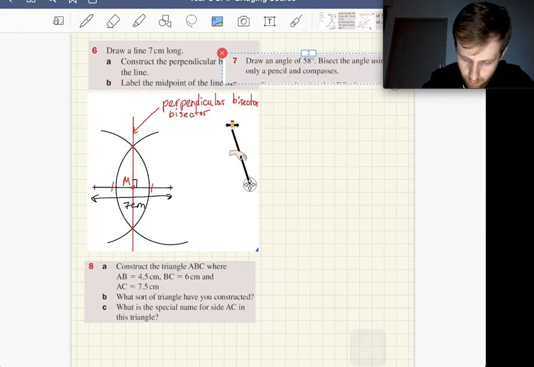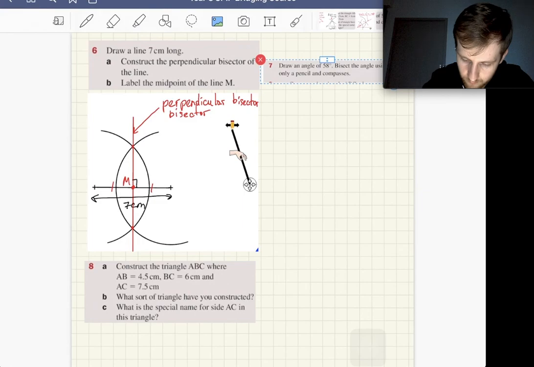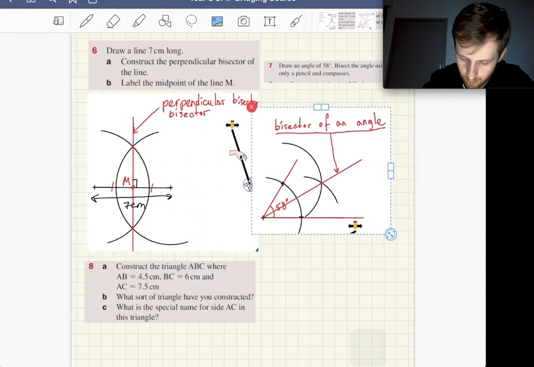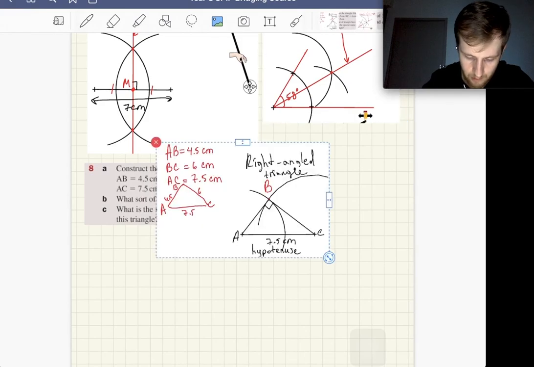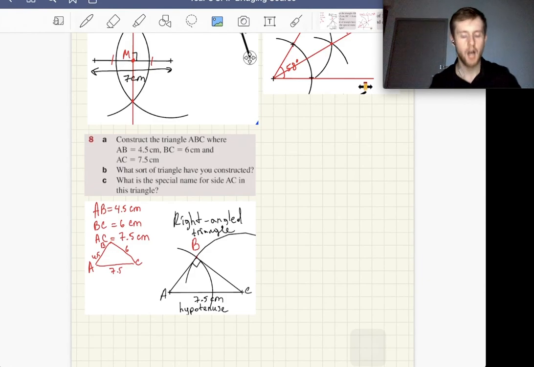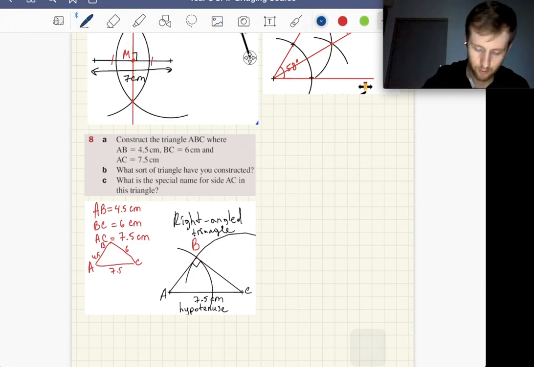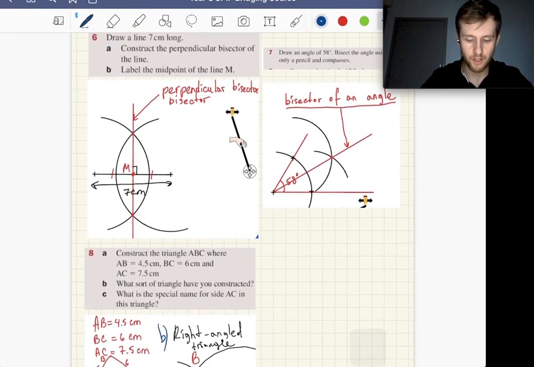Draw an angle and then bisect this angle. This is bisection of angle. And then number 8 we have this. AC is the hypotenuse. So this is point C, this is point B.